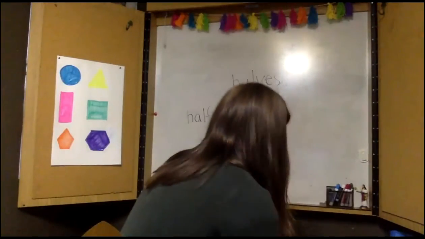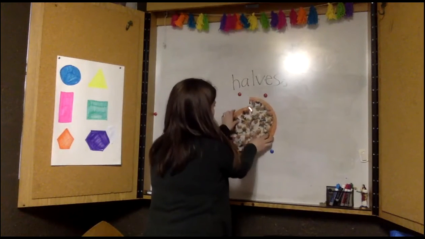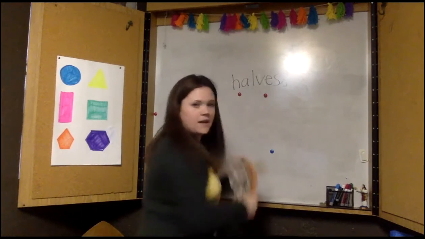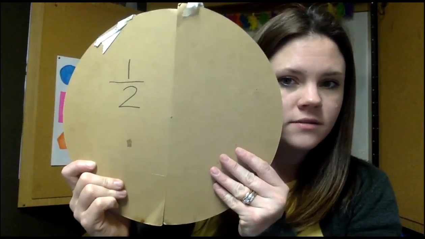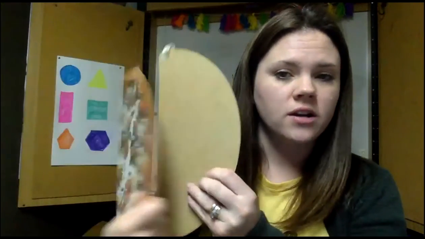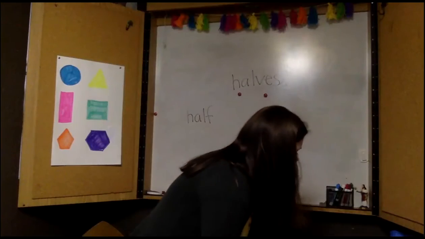So if his is 1/2, if I know that his is this size, then I must know that the other side of paper is the exact same size, right? They are equal shares. They're going to be the same. It could not look like this, right?